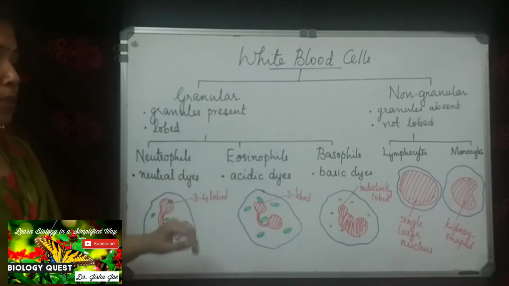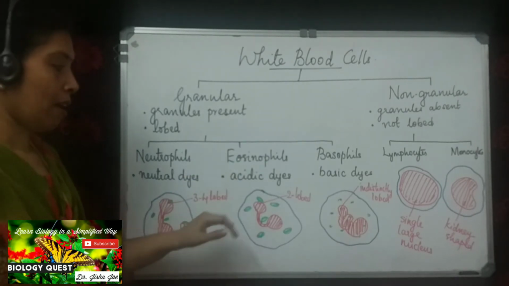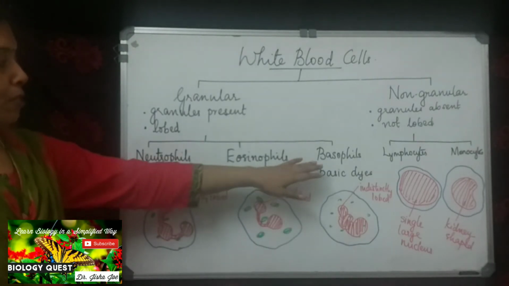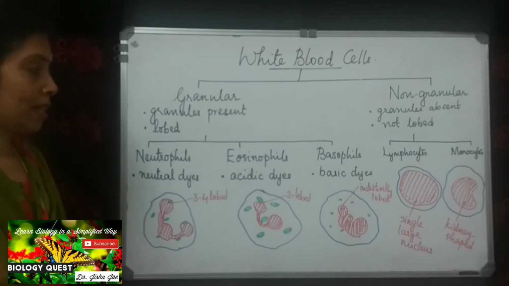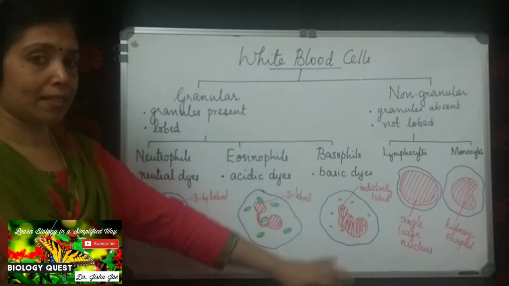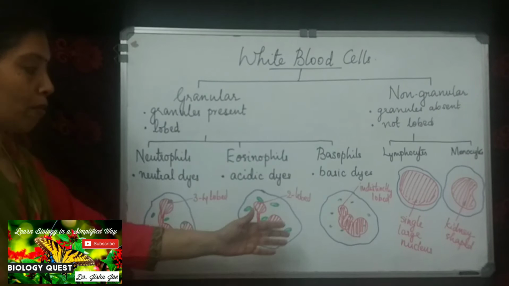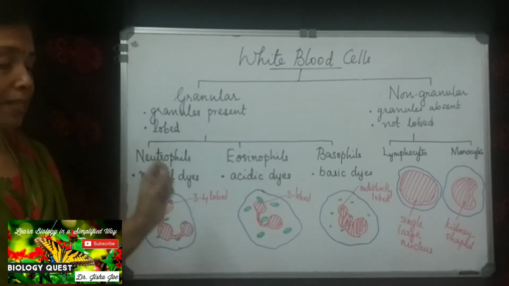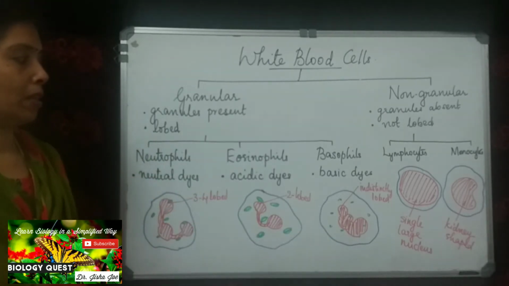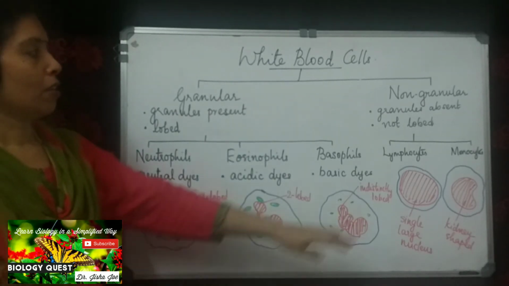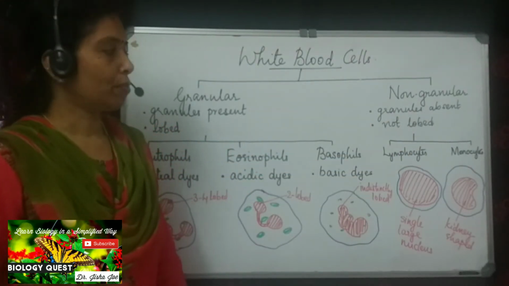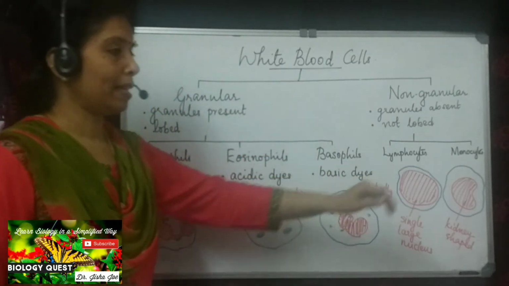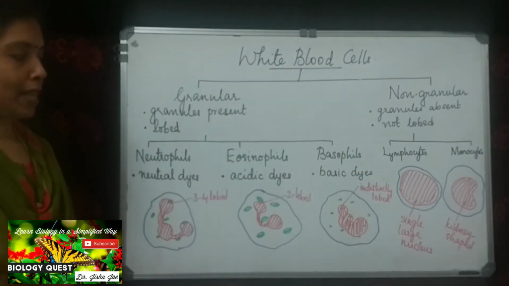Eosinophils are stained using acidic dyes and have a 2 lobed nucleus. Basophils are stained using basic dyes. They have an indistinctly lobed nucleus; the number of lobes cannot be counted or distinguished. Now moving on to the non-granular WBCs, which are classified into two: the lymphocytes and the monocytes.